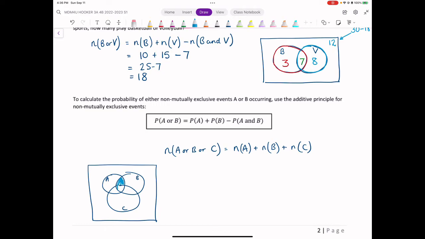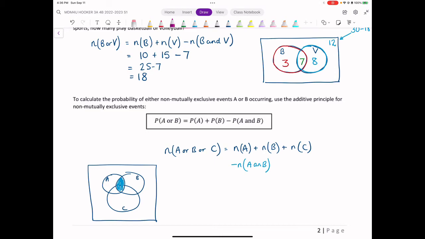This segment, the A's and the B's, will have been counted twice. So we're going to have to subtract the A's and B's, okay?